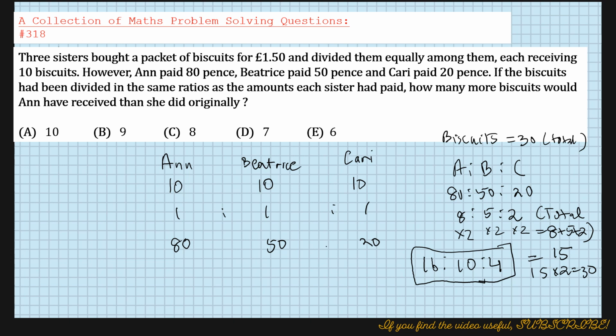So Anne gets 16 biscuits, and she originally got only 10 biscuits, so the difference, how many more biscuits, is 16 minus 10, and that equals 6. So the answer would be 6.